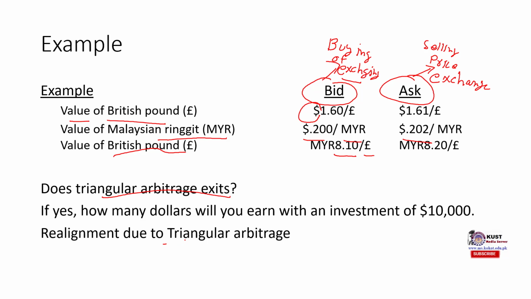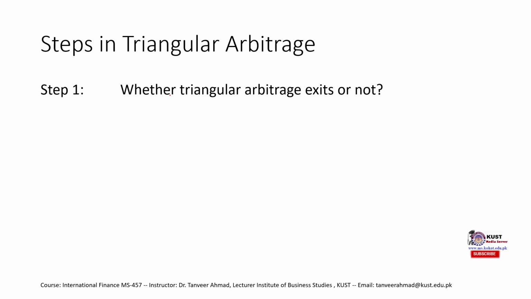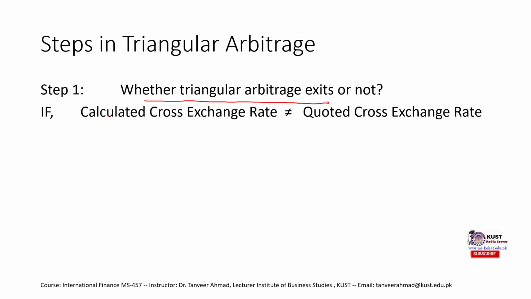Okay, so starting with the steps in triangular arbitrage, we already know there are 3 steps. The first step is whether triangular arbitrage exists or not, right? If you remember from previous classes, we had this simple idea that if the calculated cross exchange rate is not equal to the quoted cross exchange rate, then there would be an opportunity of triangular arbitrage.